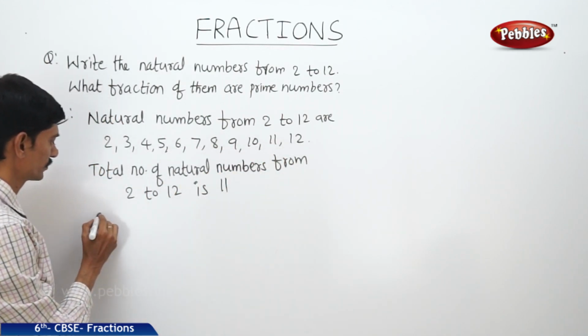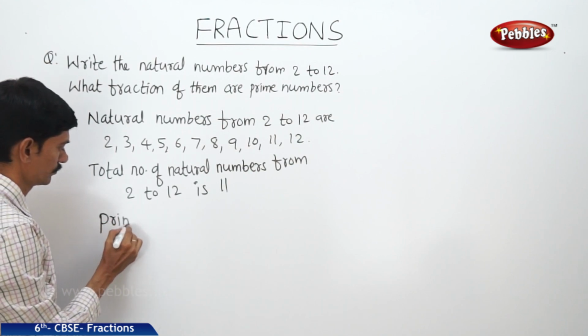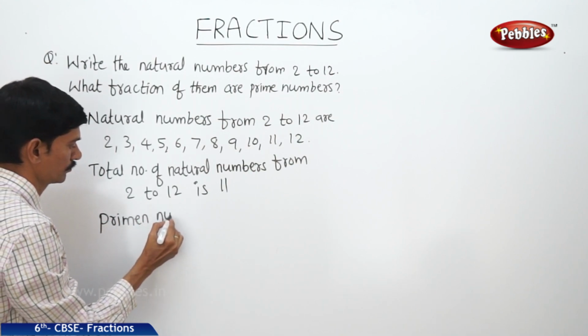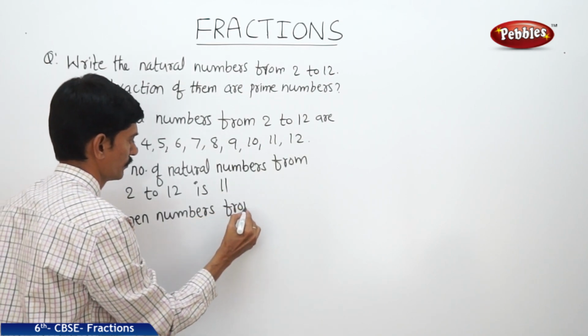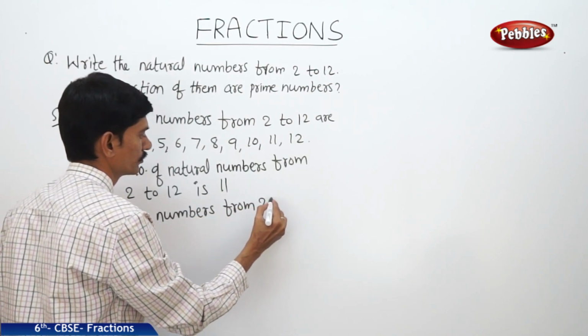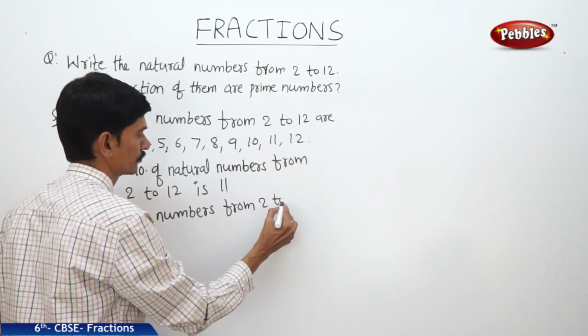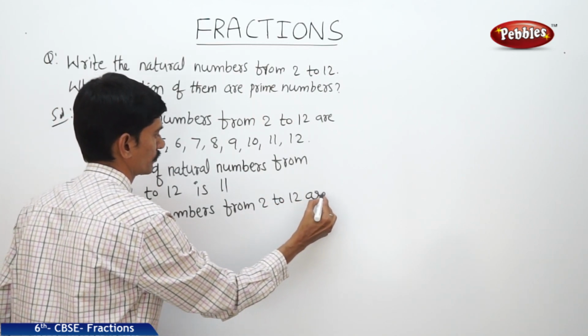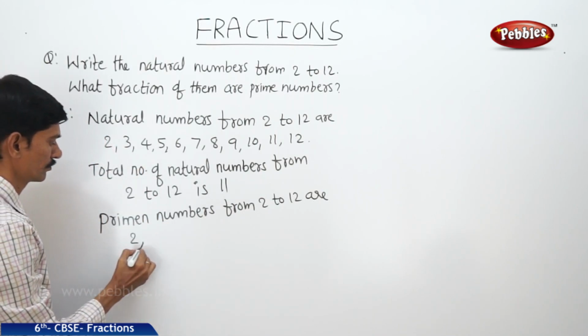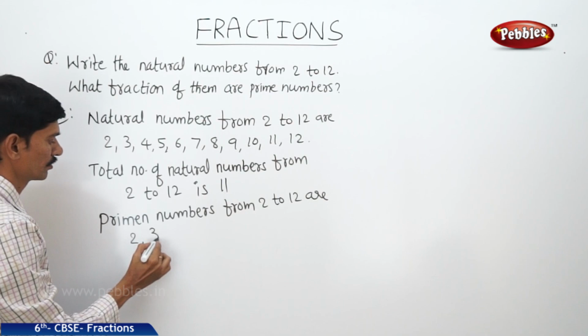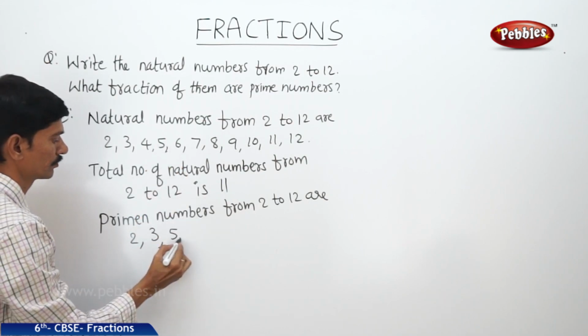And prime numbers from 2 to 12 are, so the prime numbers are 2, 3, then next 5.